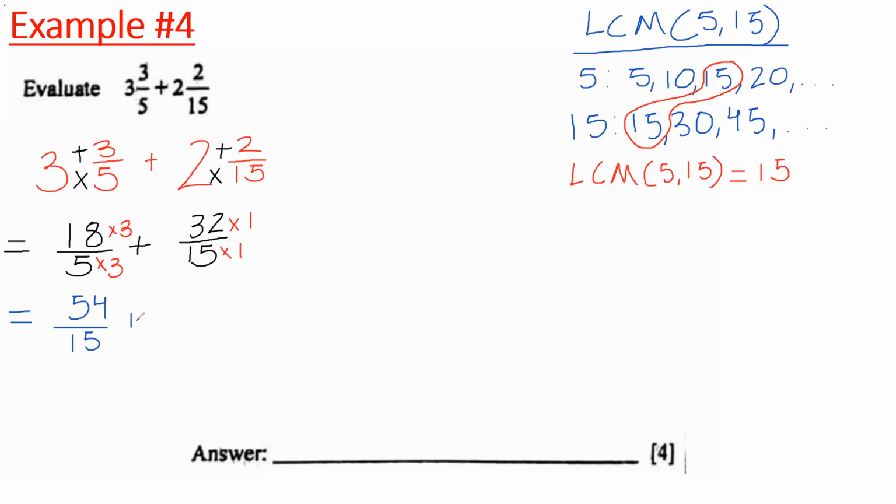Plus 32 over 15. And this is going to be equal to, what is 54 plus 32? 86 over 15. 86, very good, 86 over 15.